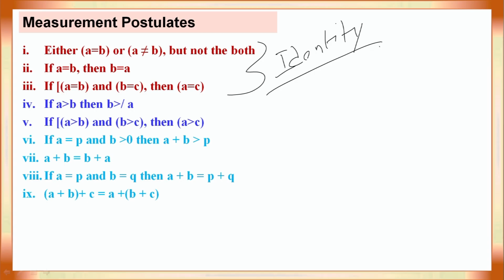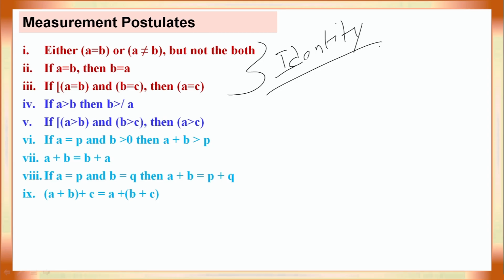Secondly, if A is equal to B, then B is equal to A. This postulate is about the relation of equality. The relation between the numbers is symmetrical. If you reverse the direction also, this equality principle will hold.